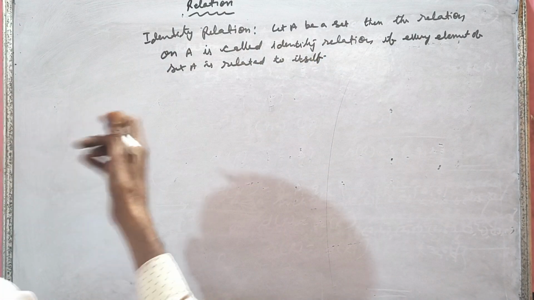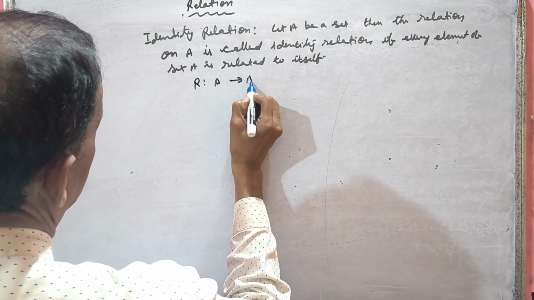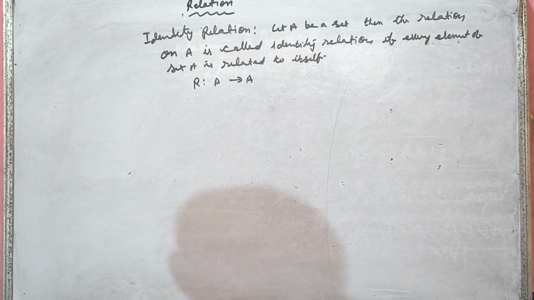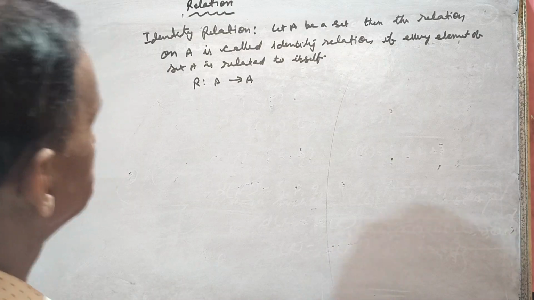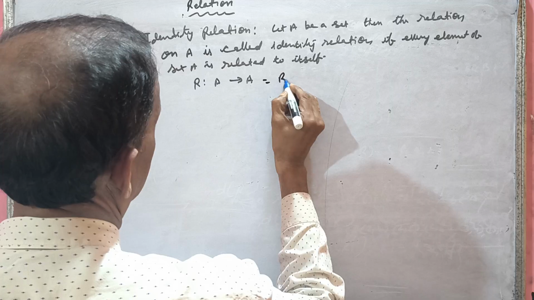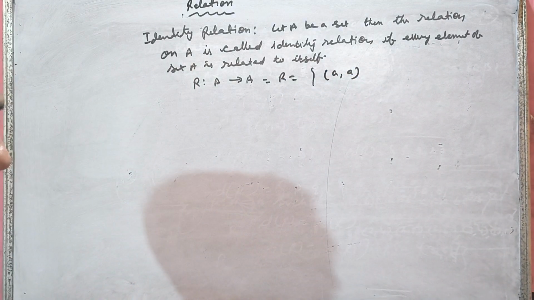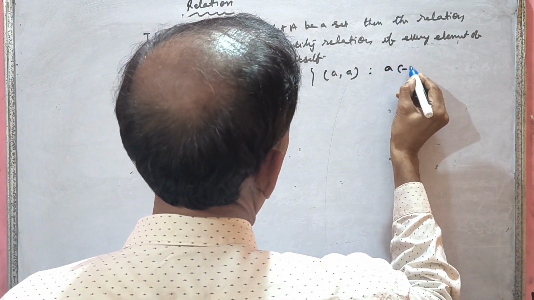Now here we are saying a relation R from A to A can also be a relation. It is not required to be between two different sets; an element of one set can be related to an element of the same set. How to define it? In rule method, R equals {(a, a) : a belongs to A}.